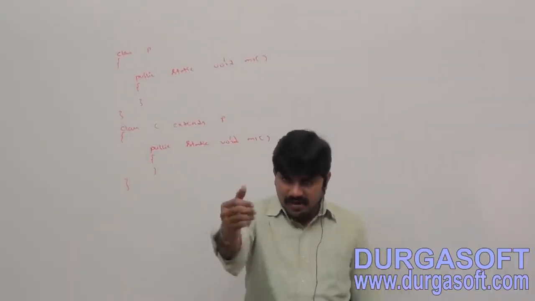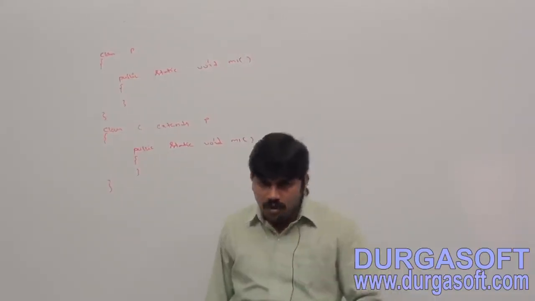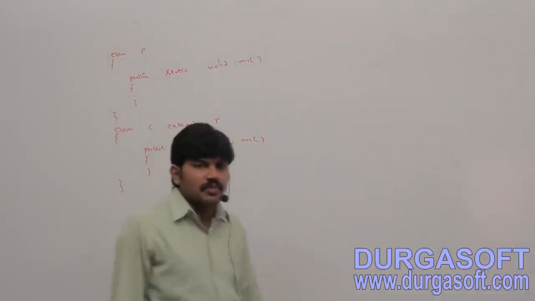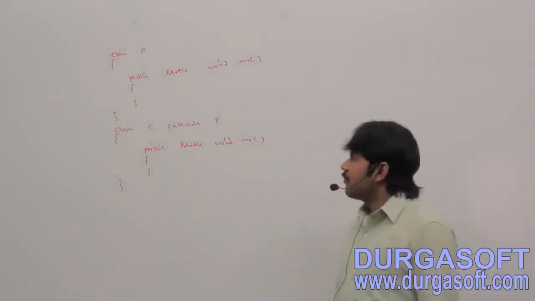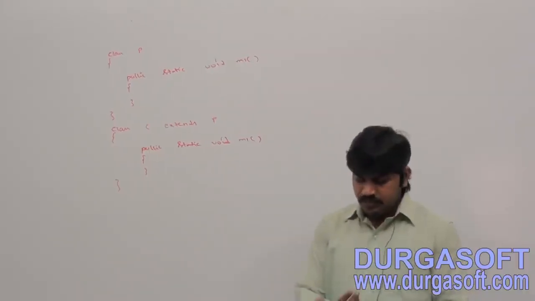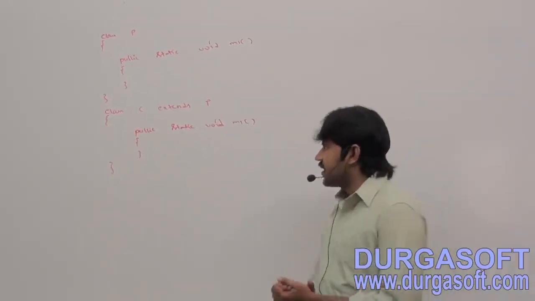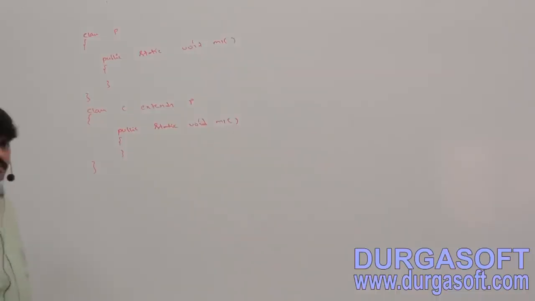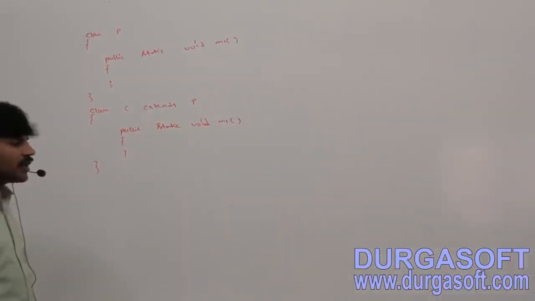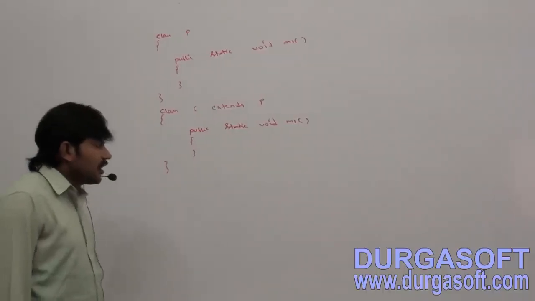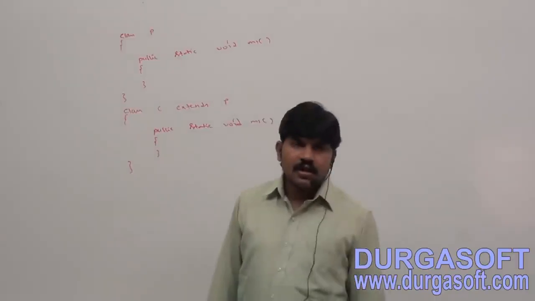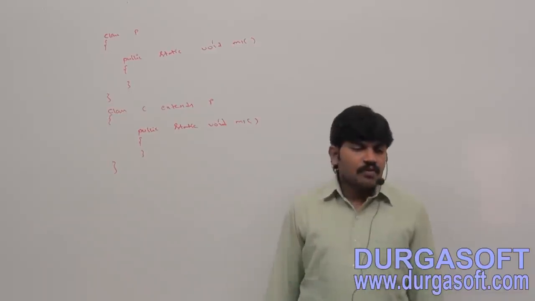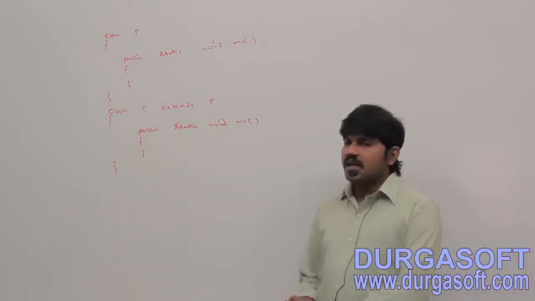Next heading is that. Okay, add the third point. If both parent and child class methods are static, then we won't get any compile time error.